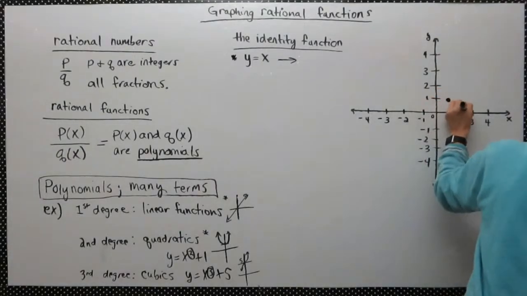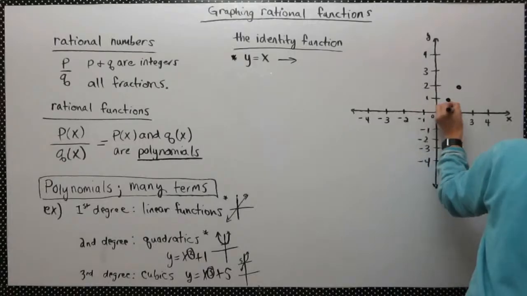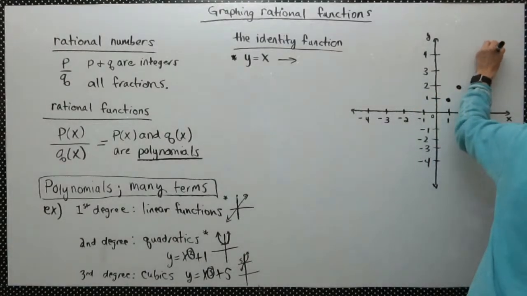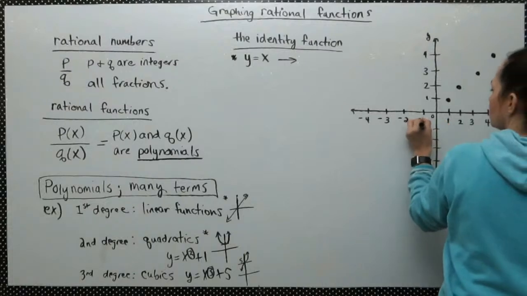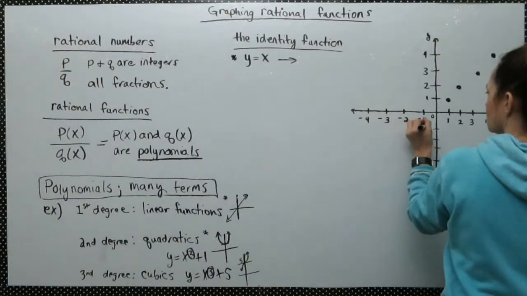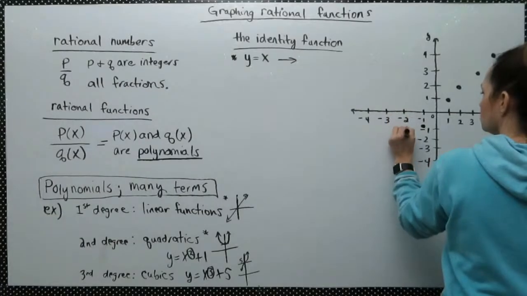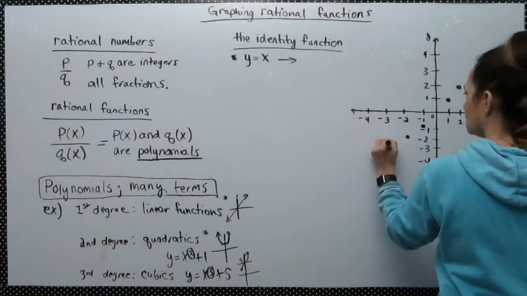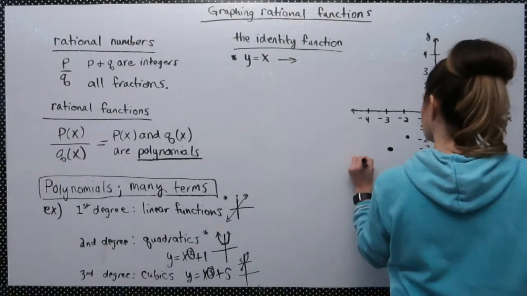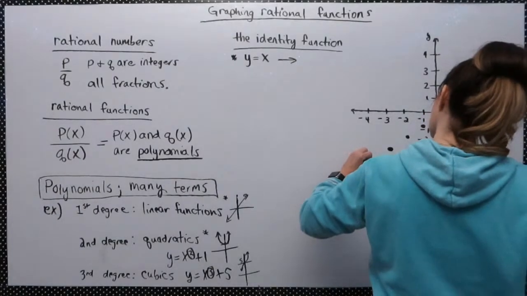When x is 2, I have 2. When x is 3, I have 3. And basically, we're going to get a perfect diagonal through the first and the third quadrants. So I've got 2 and 2, 3 and 3. The dots just help me because I don't have a grid up here, so I want to be able to sketch a pretty good one.